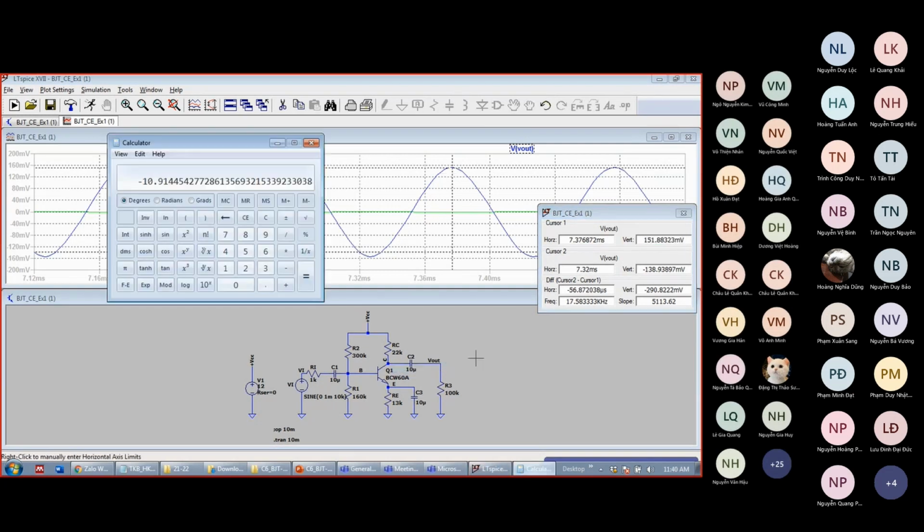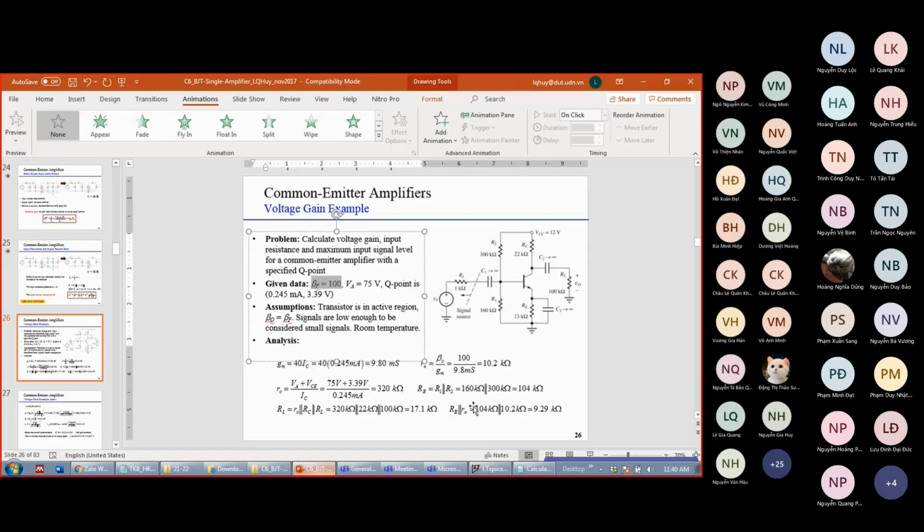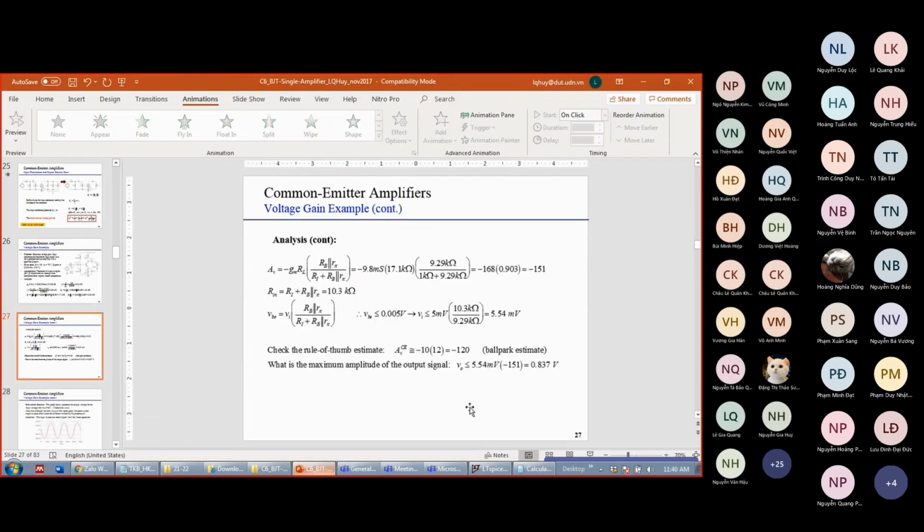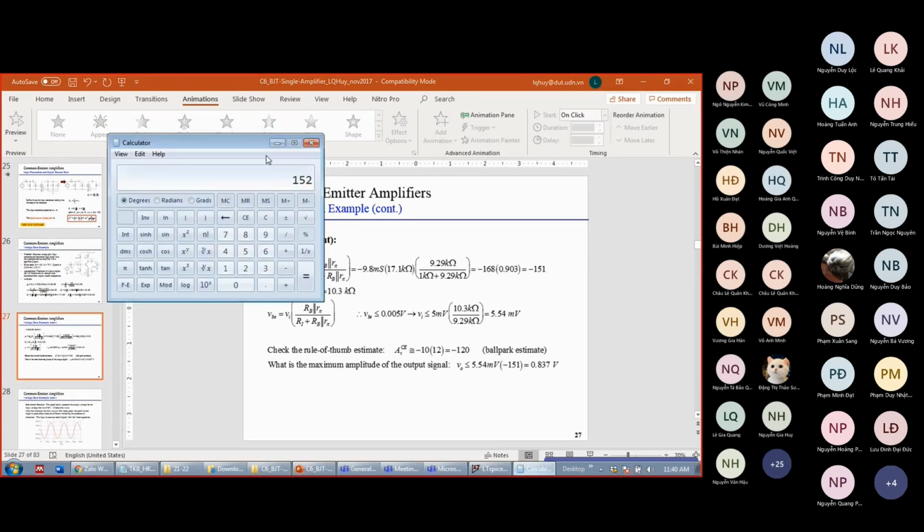So if Vout is 152 and Vin is 1 millivolt, divided by Vin, I can deduce that the gain is 152 from the simulation. From the hand calculation, what is the gain? 151, so very exact result.